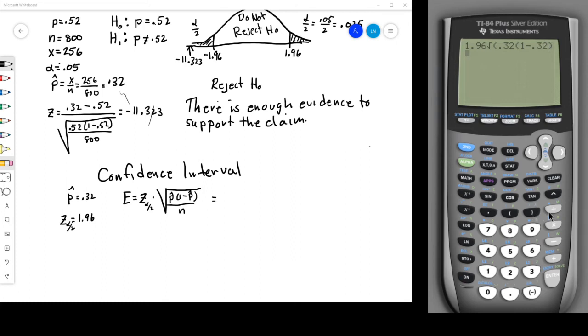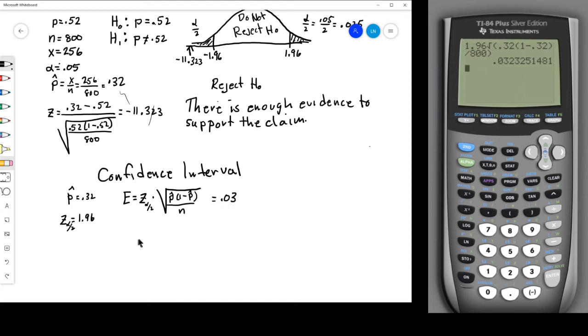Close that for the numerator, divided by 800. Close the square root. We get 0.03, and for these we were using the same number of decimal places as everything else, so that's 2 decimal places, so 0.03.